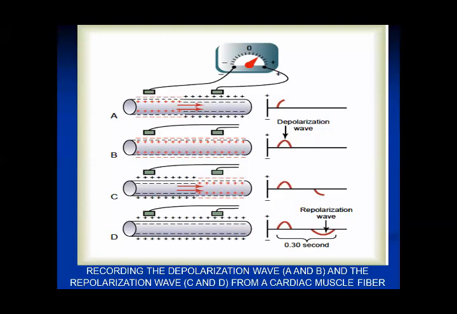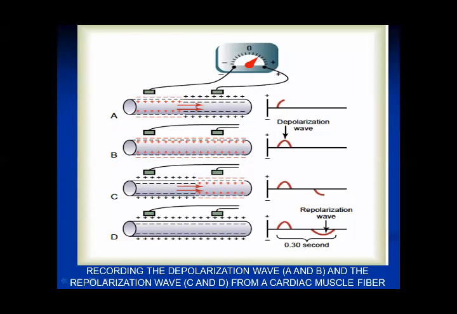So what happens, right? The negative electrode is in the negative field and the positive electrode is in the positive field, and the deflection on the voltmeter is on the positive side. So there is a positive deflection, right?